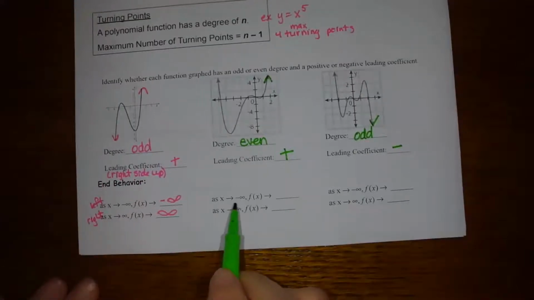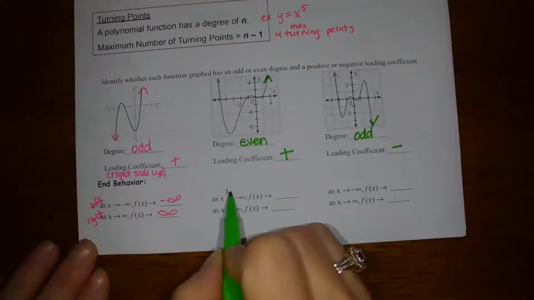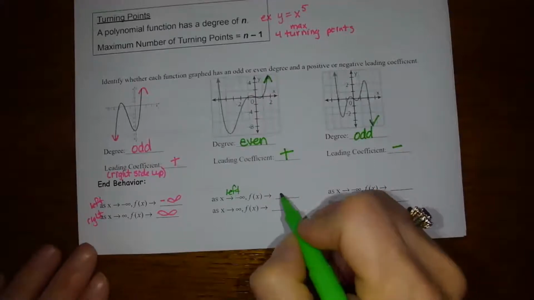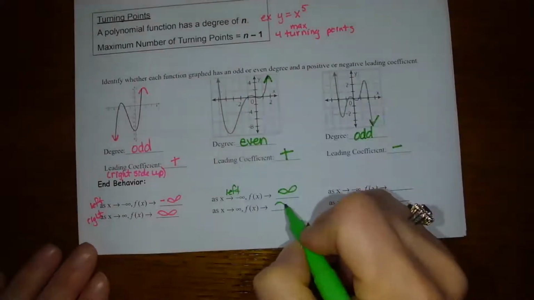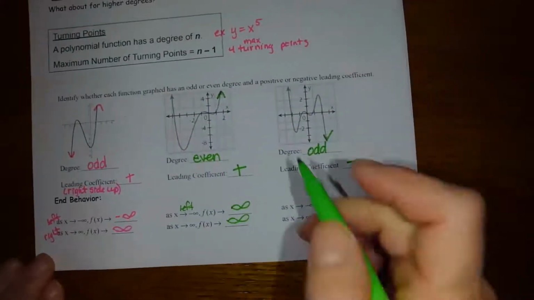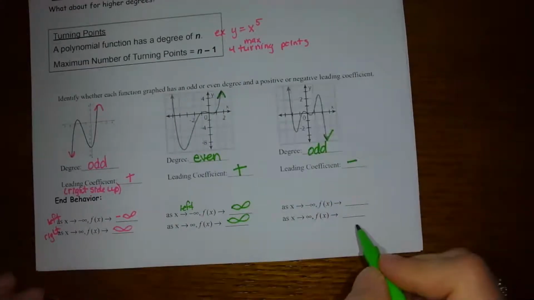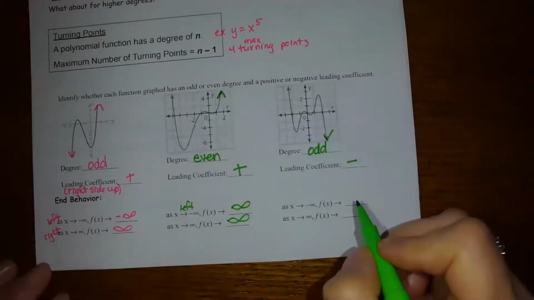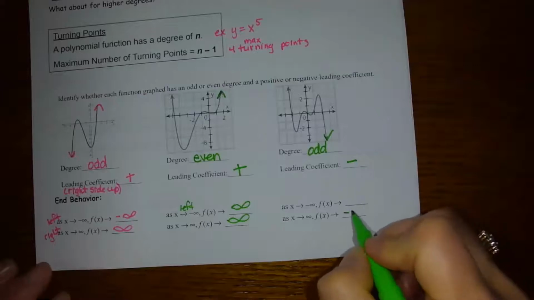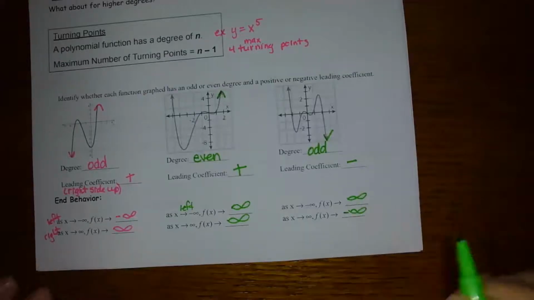Right here, as x approaches negative infinity, again, we're looking at the left side. And we could see both ends go the same way. On this one, it's odd, they're going to be opposite. So the right side is going down, left side's going up. Any question about that? You've done that a million times.